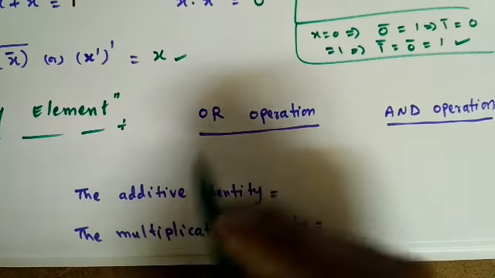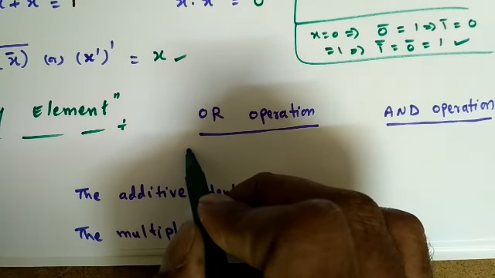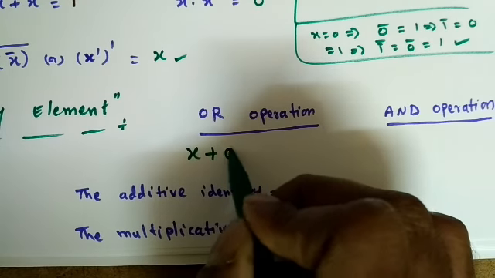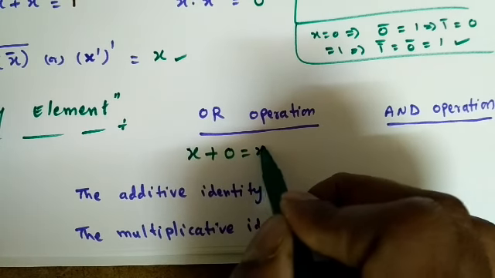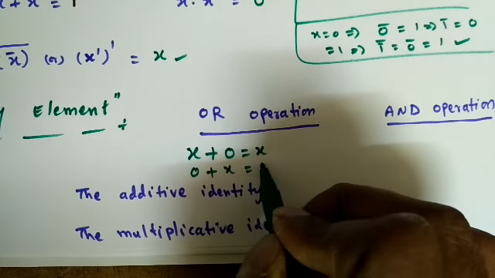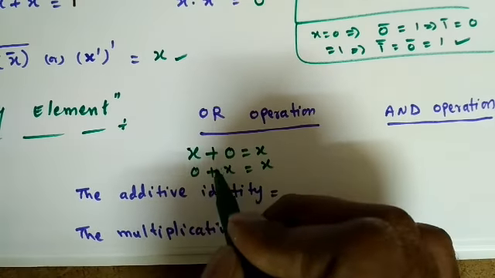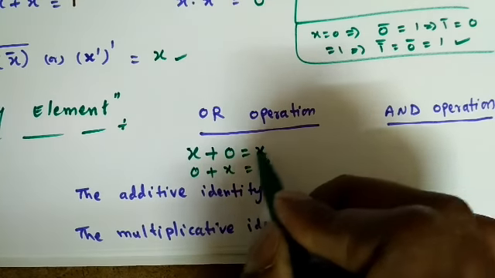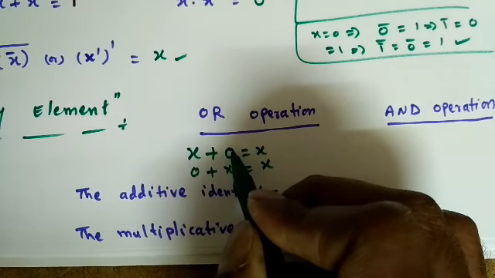Now when you do this type of operations, there will be some additive identity element. So what does identity mean? If you take some variable and do the OR operation with 0, it will become x only, right? 0 plus x is equal to x only. When you do some operation and we get the same variable, this is only possible when one element is 0.